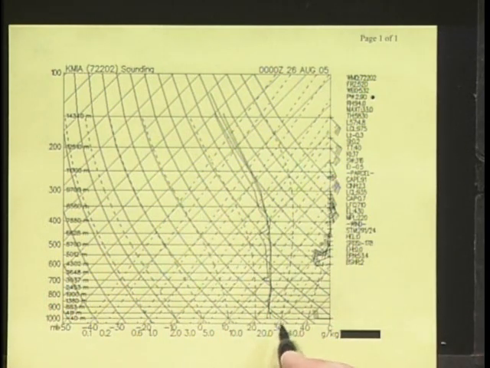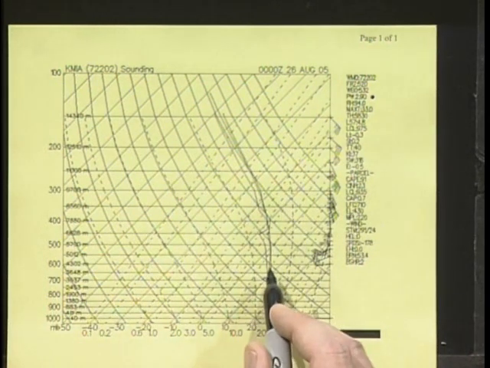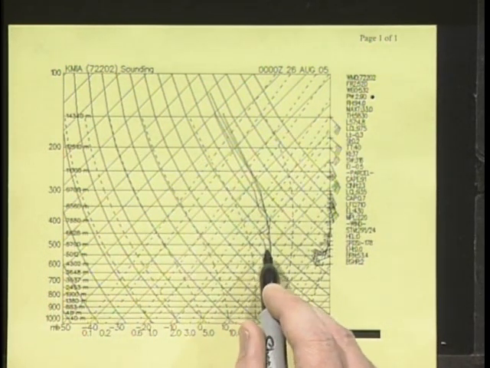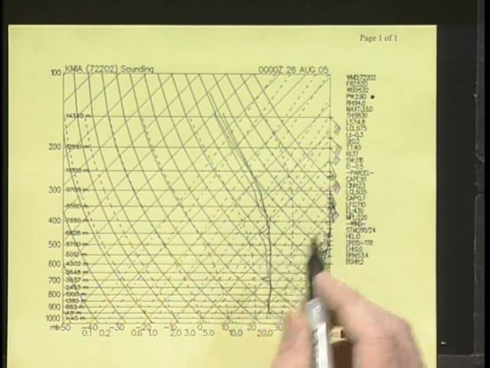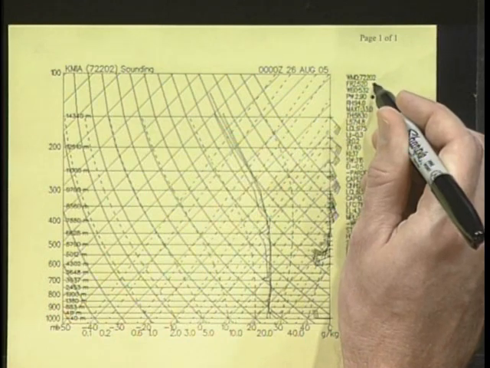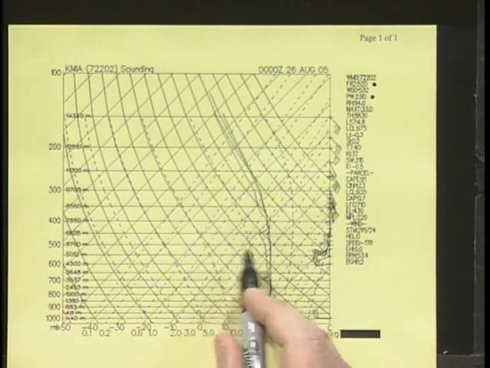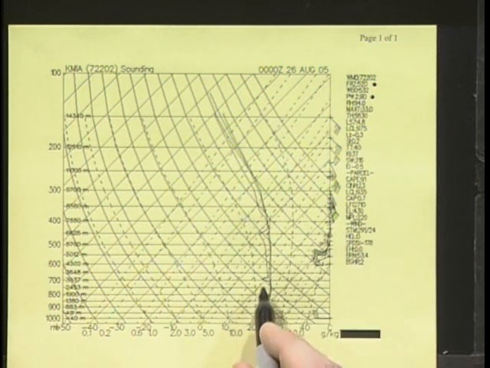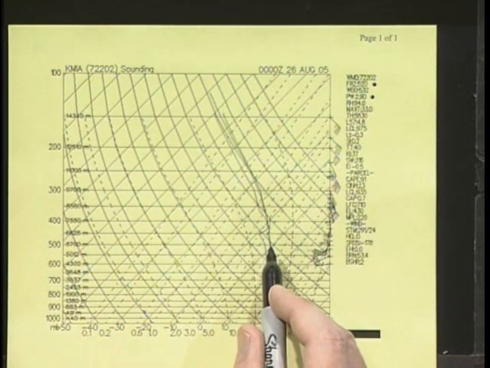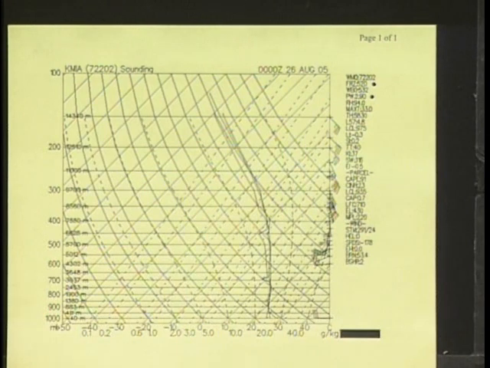It starts off with fairly warm temperatures at the surface, and the freezing level you do not encounter until you almost get up to the 500 millibar level. So our freezing level is given on the sounding as 520 millibars. So that's very high. You have to go all the way from the surface almost up to the 500 millibar level to get to a temperature below freezing.